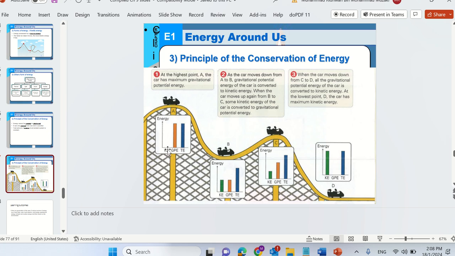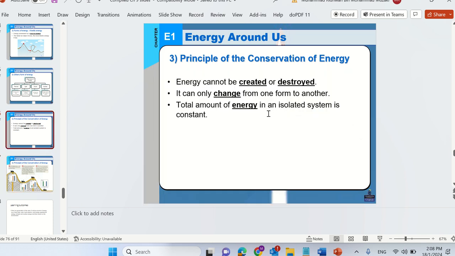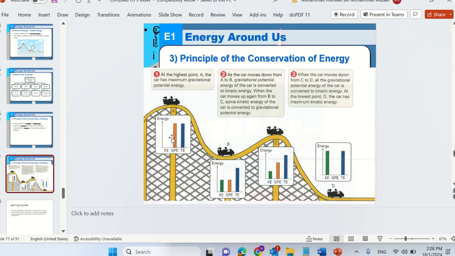If it is not moving, then the kinetic energy is zero. TE stands for total energy. The total energy in the system is constant, the same at any point of time. Currently we have a lot of gravitational potential energy but no kinetic energy, and this is the total energy.